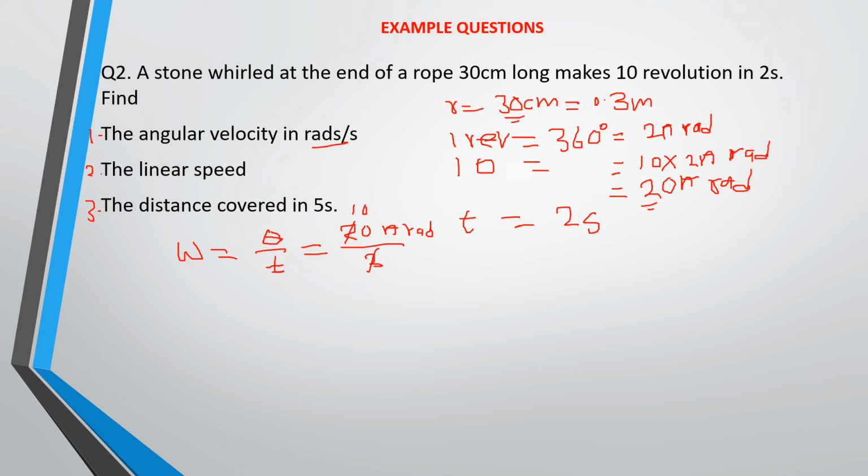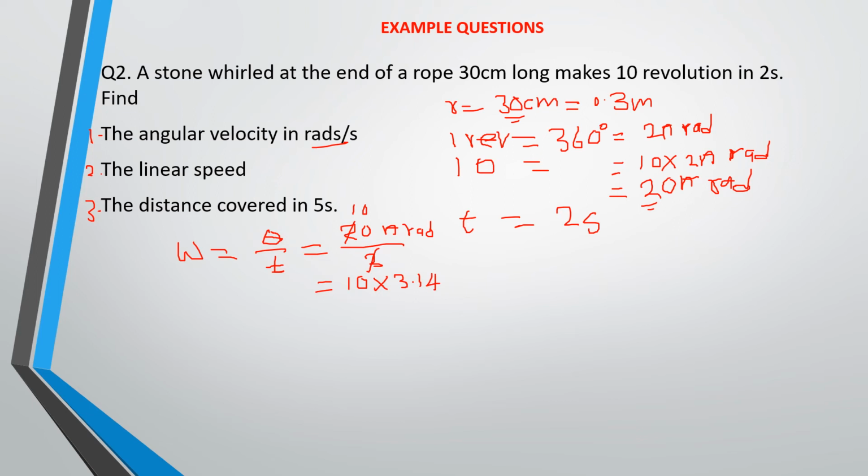So your pi is 3.14, or 22/7. So that gives you 10 times the value of pi.